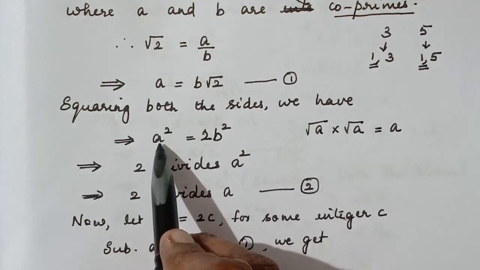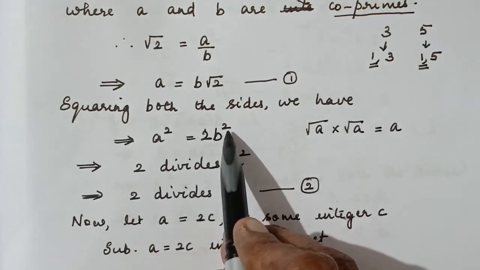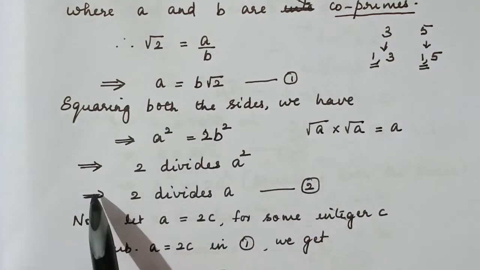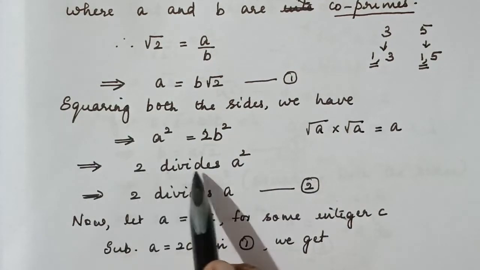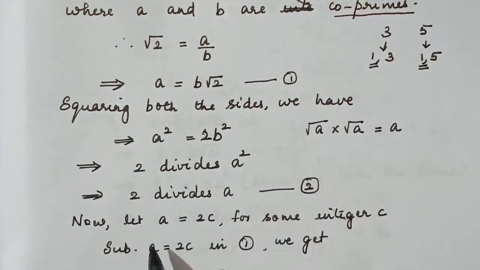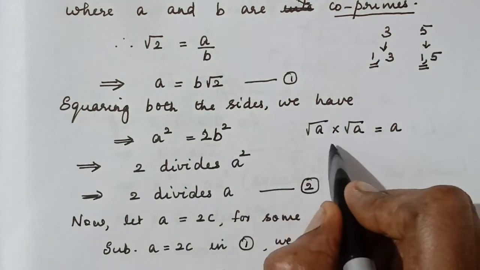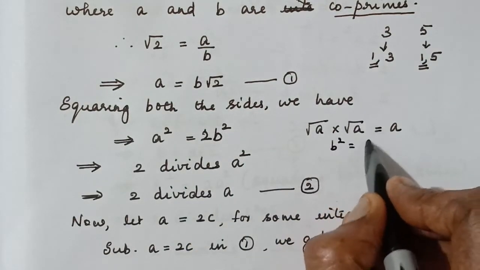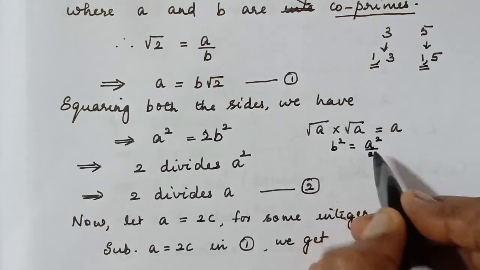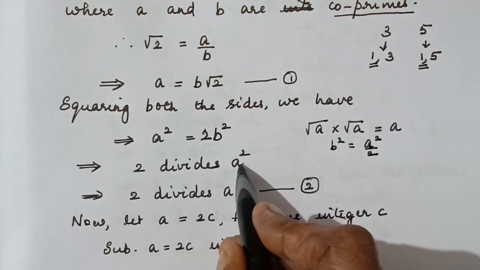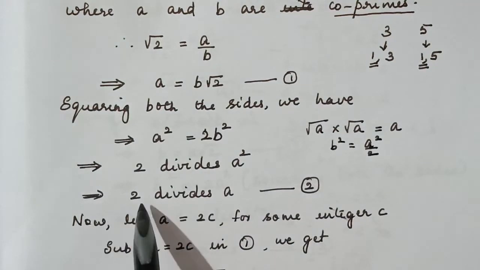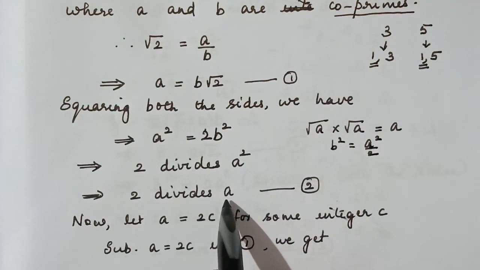So a squared is equal to 2b squared, which gives 2 divides a squared. Because b squared, we can write it as a squared by 2. That means 2 divides a squared, which gives 2 divides a.